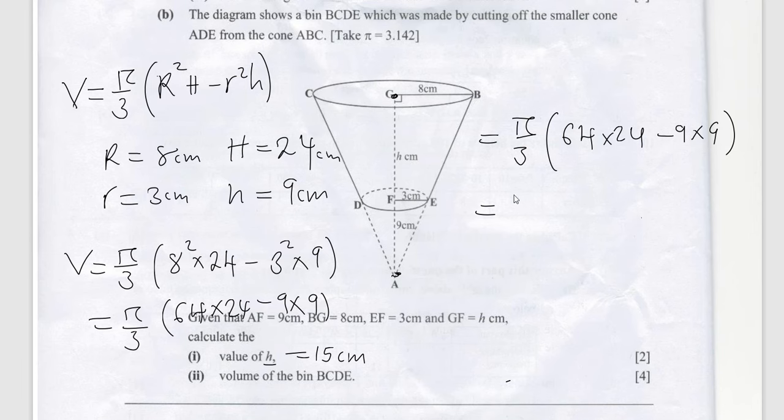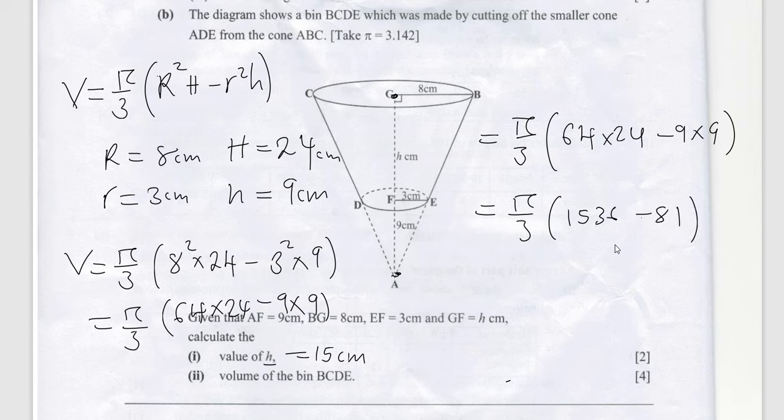This will be pi over 3 times, we multiply 64 times 24, which gives us 1,536, minus 9 times 9, which gives us 81.